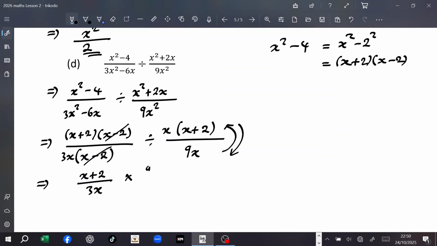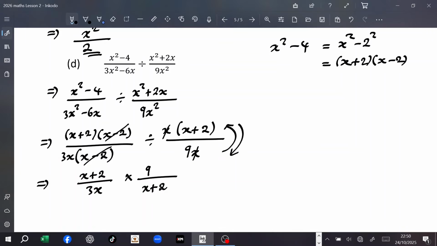So I have 9x over down here. In fact, here we could divide, but I didn't. So this one can go into that one, so that this 9x just remains 9. 9 goes up, then this x plus 2 comes down.